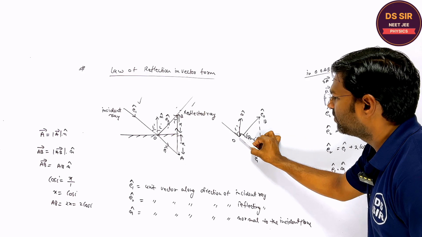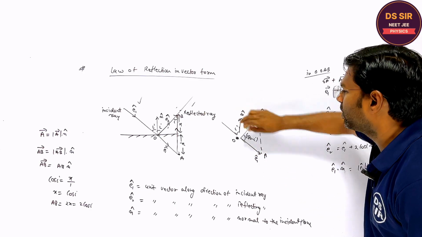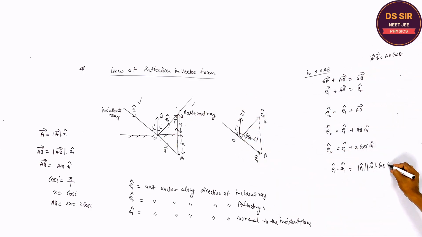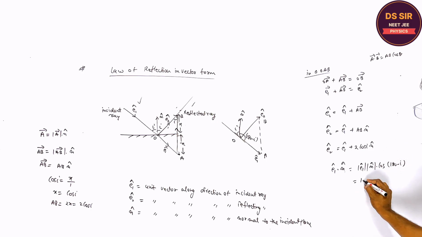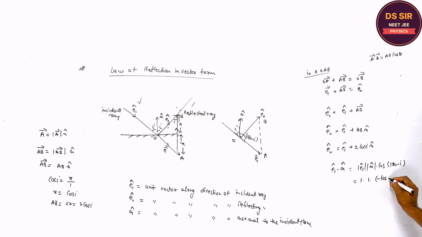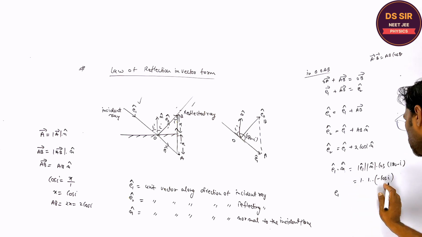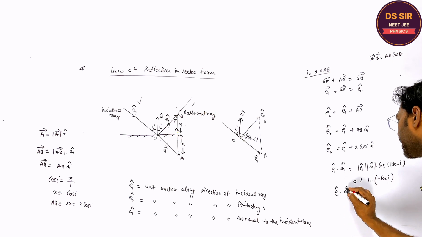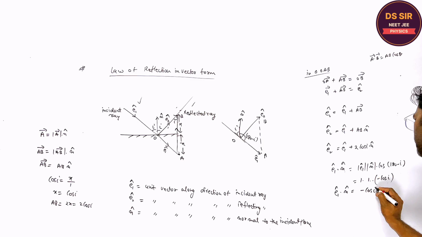If this is the E1 unit vector and this is the n cap unit vector, what is the angle between them? Say cos of 180 minus I. Is it clear? Since they are unit vectors, the magnitude is 1, 1, and minus cos I. Right, it is minus cos I. You understand or not? So E1 dot n cap is equal to minus cos I.